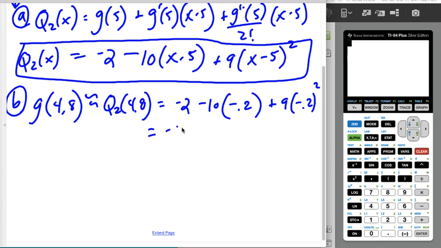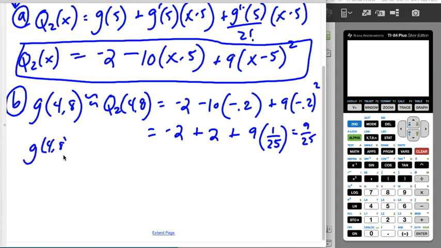So that's a negative 2 plus a 2, right? Because that's what negative 10 times negative 0.2 would be. And then plus this will be a 9 times 1/25th, because 0.2 is a fifth, right, and it's squared. So I'm pretty sure that's just a 9/25. That's my approximate value. So g of 4.8 is approximately a 9 over 25, right?